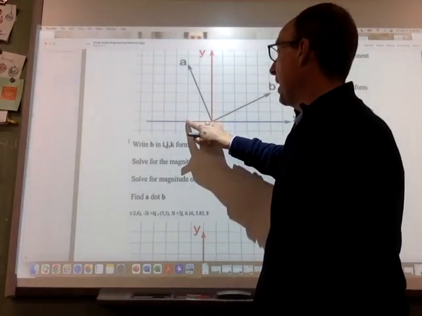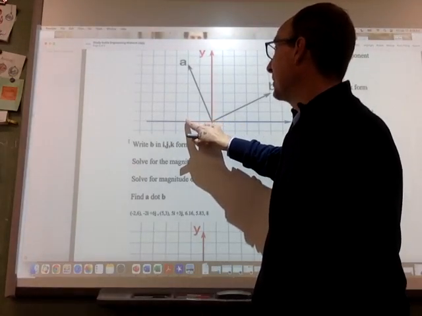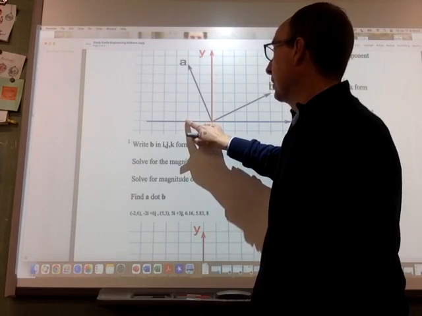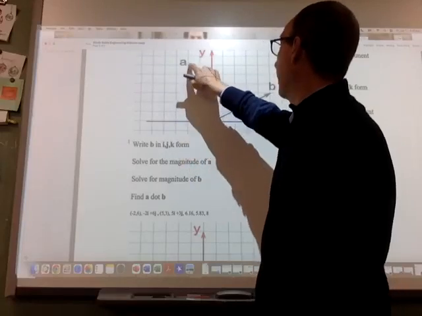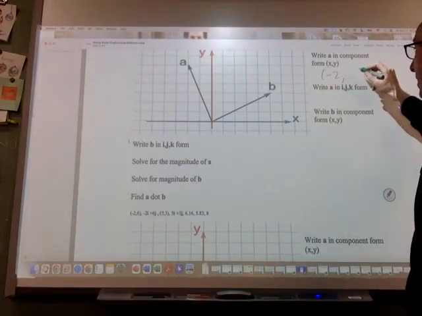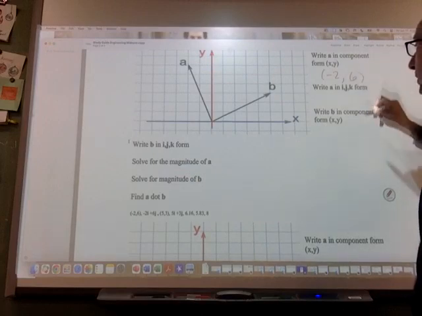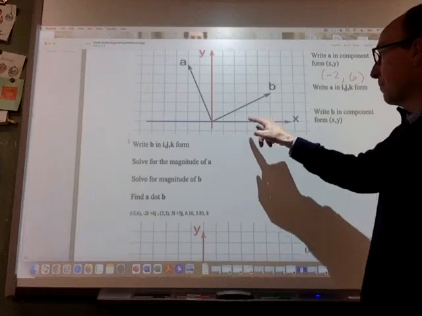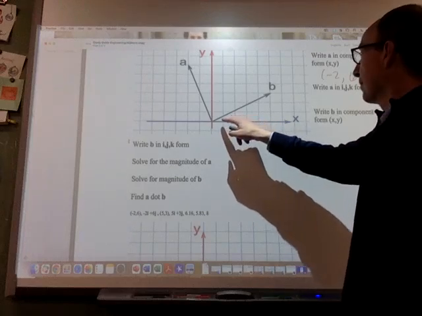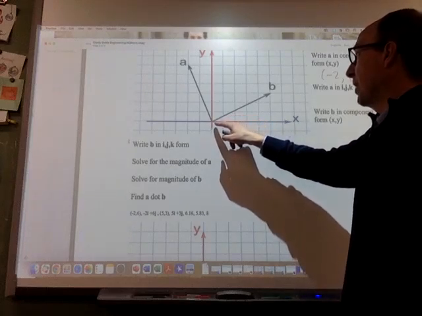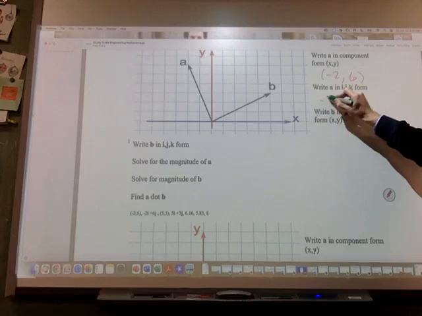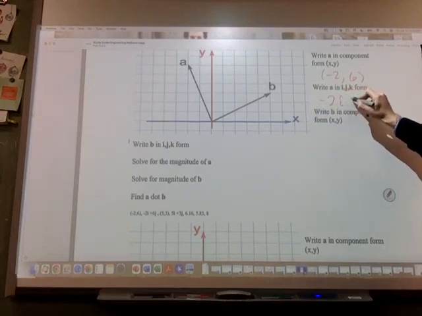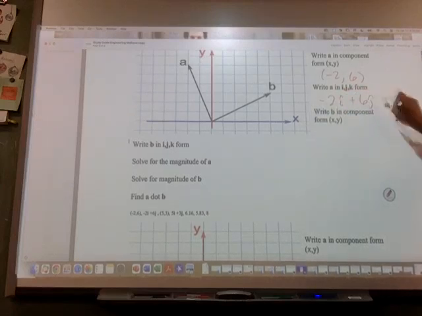In the j hat direction, the positive y direction, it goes 1, 2, 3, 4, 5, 6. So I would have -2, 6. B, we can express similarly. If I do this in the i hat, j hat, this just means it's -2 i hat plus 6 j hat.